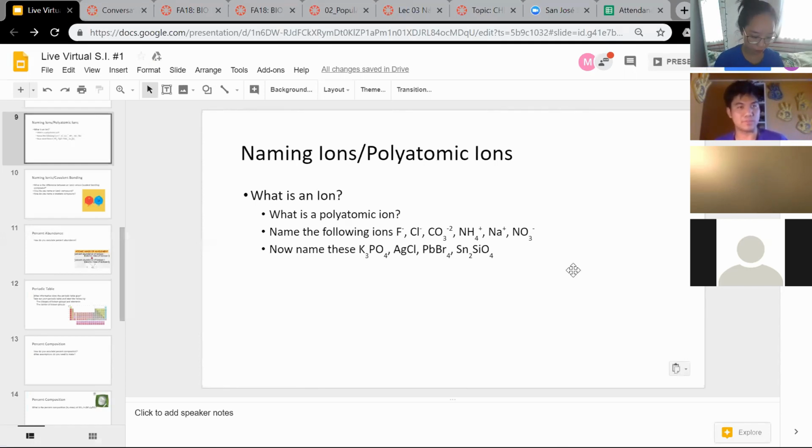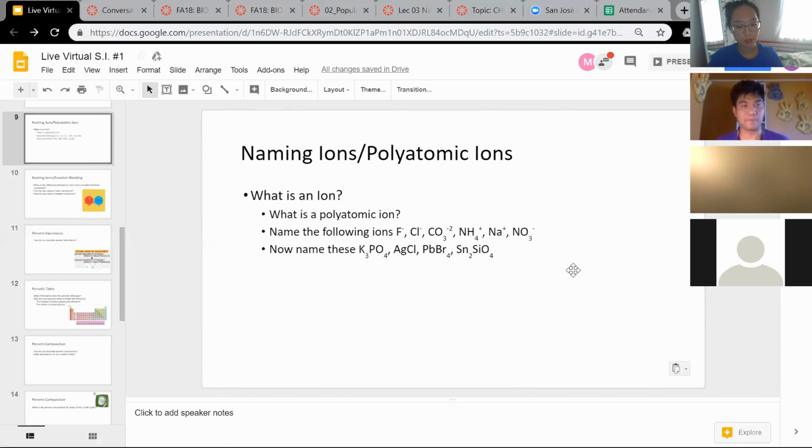Oh, can you explain real quick which one needs a Roman numeral? All right, so we have a question about which needs a Roman numeral. For those who do know, you can answer it right now. If not, I'll give an explanation. The ones who need Roman numerals are metals that have multiple different charges.